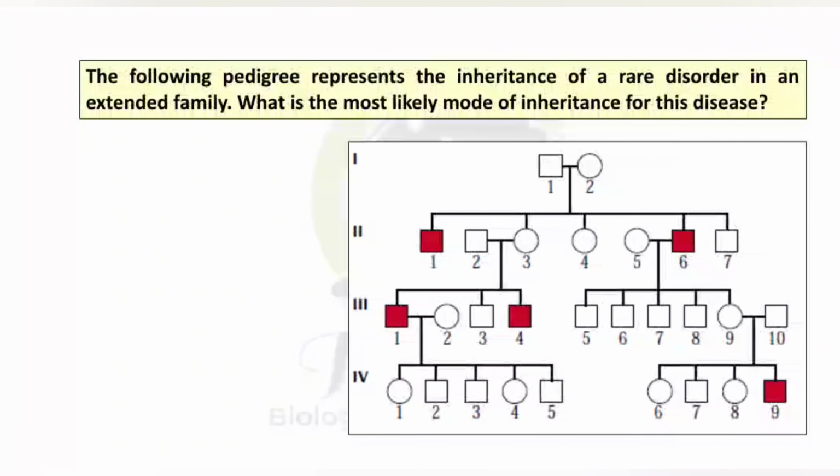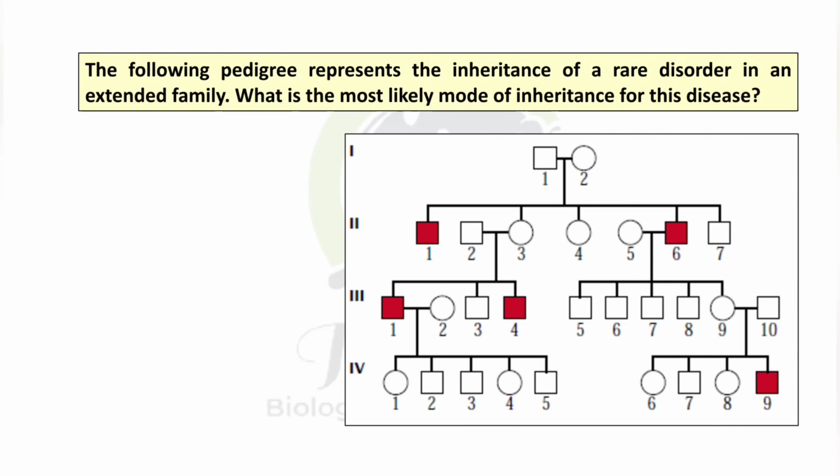Now let's solve a question to clear all our doubts about how a pedigree inheritance pattern can be determined through our previous knowledge. In this question it is asked that the following pedigree represents the inheritance of a rare disorder in an extended family. What is the most likely mode of inheritance for this disease?